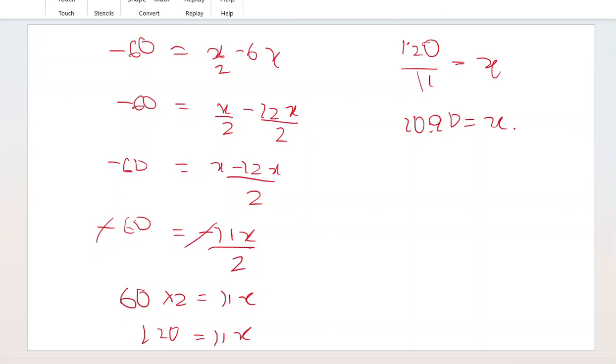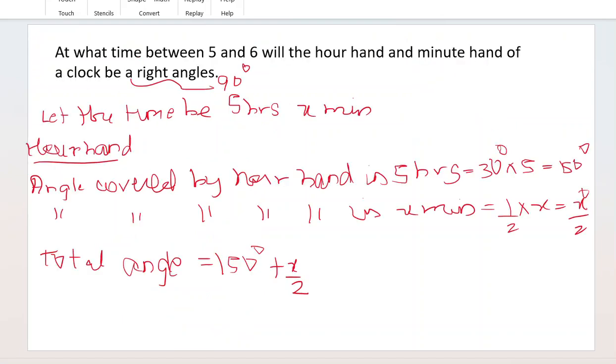Now remember one thing. In the previous case, when we did 0 degrees coincide, we got one answer for x. Similarly, when we did the straight line but in opposite direction, we also received one answer for x. But now in the case of right angle, we should always get two answers.